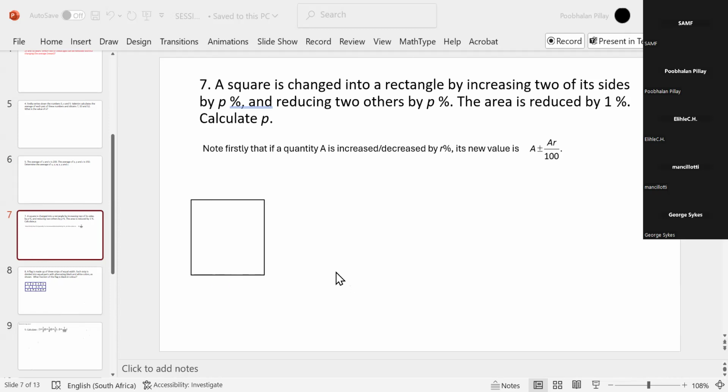Okay, so you've got a square, and two of the sides are increased by p%. All the sides of a square are the same. We don't know what the sides are. They don't tell you what the sides are.